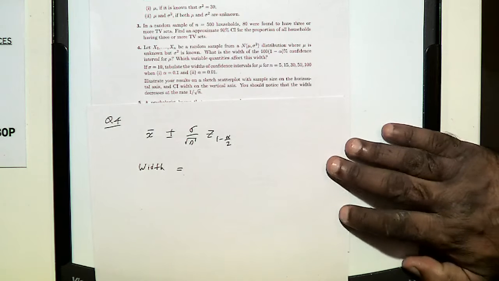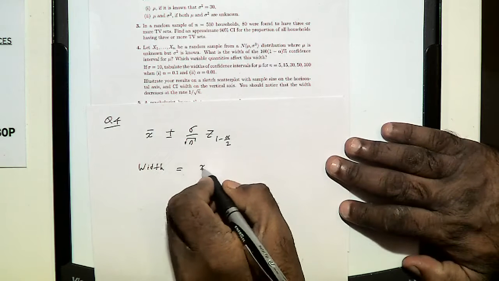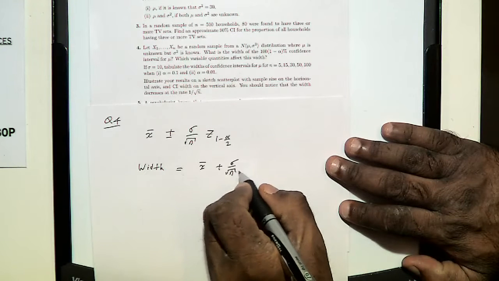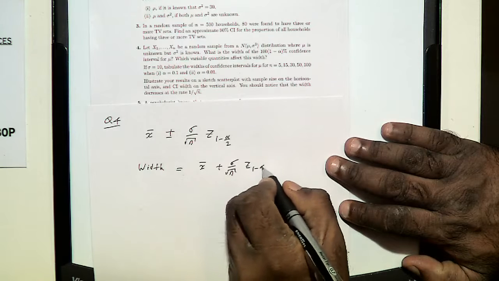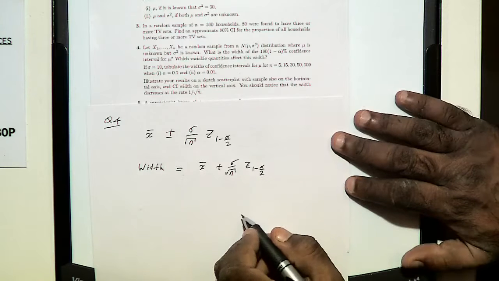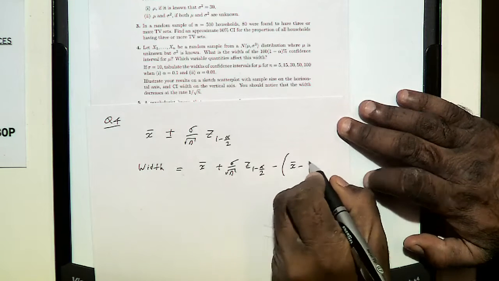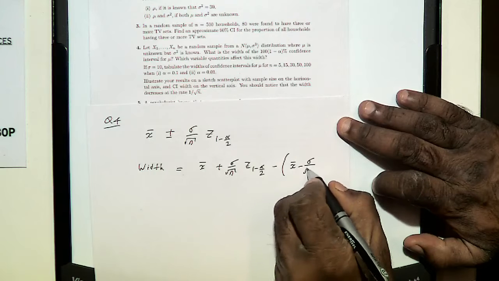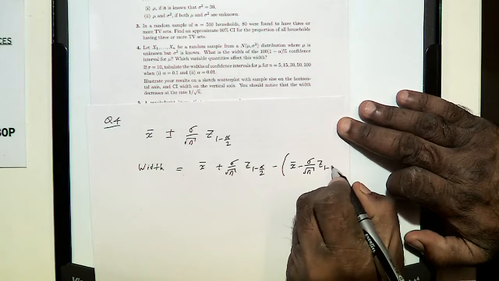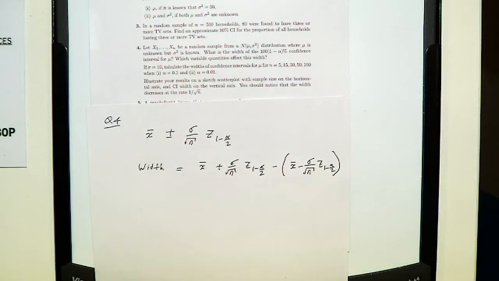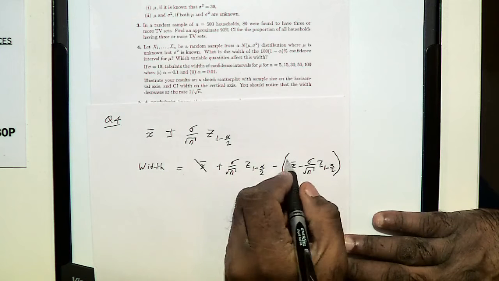So in this case, the upper limit of the confidence interval is this, right? And the lower limit is this, right? Now if you take the difference, these two terms will cancel.